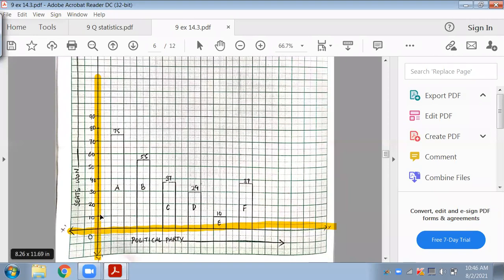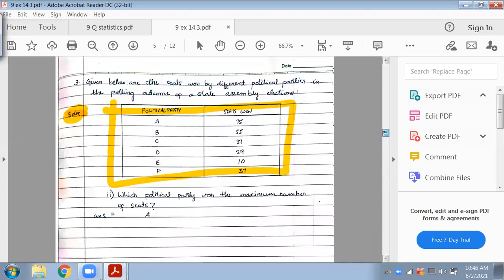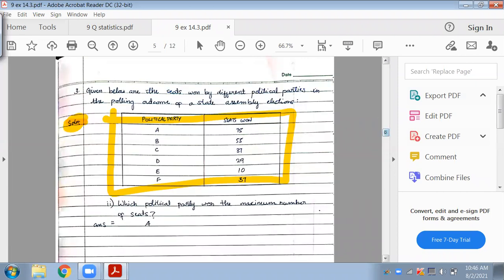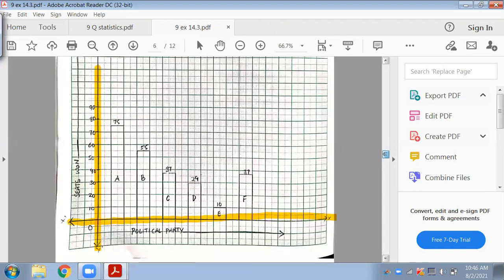Then if 1 cm is 10, one small line will be how much? One small line will be 1. Okay, now the first frequency, for A, is how much? Frequency for A is 75. So from 0, leave one gap, and from 0 you are going to count till 75. 70 is here, so the next small line will be 71, the second small line will be 72.